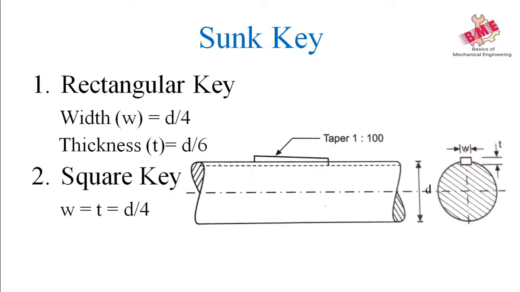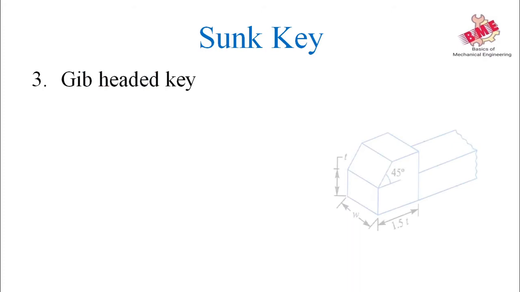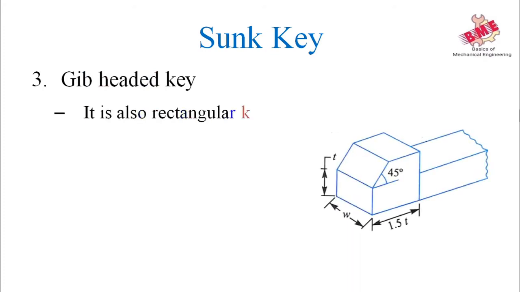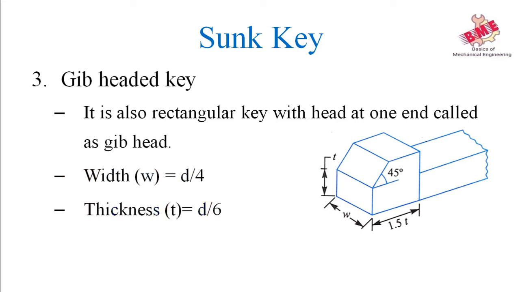Now we will see third type of sunk key, gib-headed key. It is a rectangular sunk key with a head at the one end and it is called as gib head. In the diagram we can see that a gib head is provided on one end and remaining part is similar to rectangular key. To get the width and thickness, the same empirical relations which are used for rectangular sunk key are used.